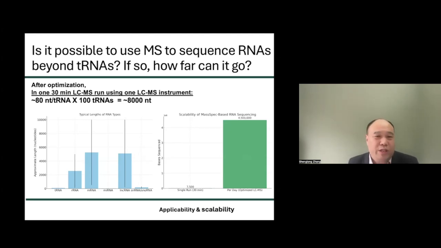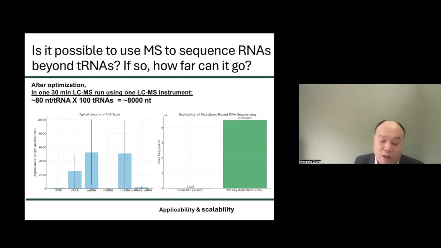A natural question would be: is it possible to use mass spectrometry to sequence a lot of RNA beyond tRNA? With the capacity to sequence total tRNA with hundreds of different tRNA sequences, I don't see why we can't sequence longer RNA, like ribosomal RNA, or potentially messenger RNA. We are now testing this.